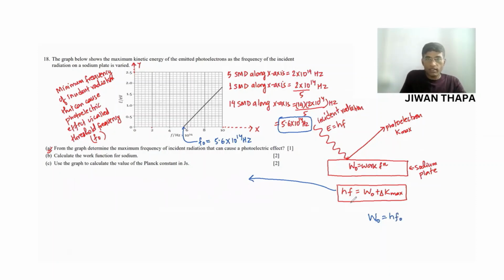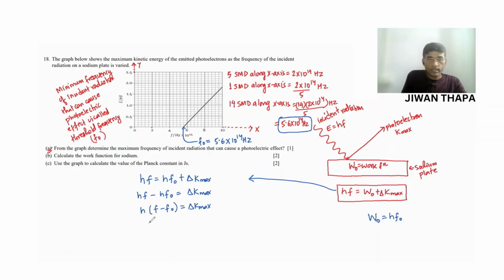So from this equation, hf equals hf naught plus K max. On rearranging, we can write hf minus hf naught equals delta K max. So I can take h common and write f minus f naught equals delta K max.